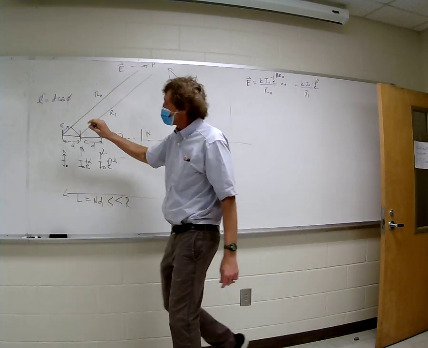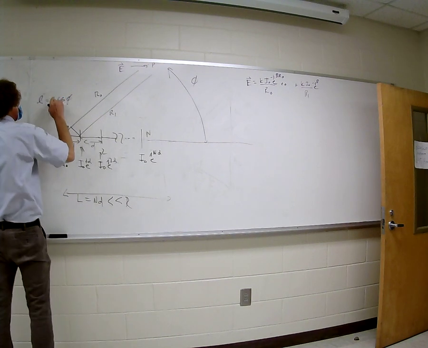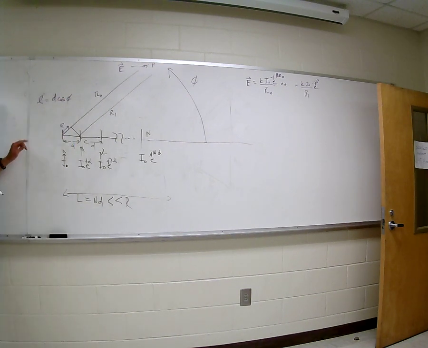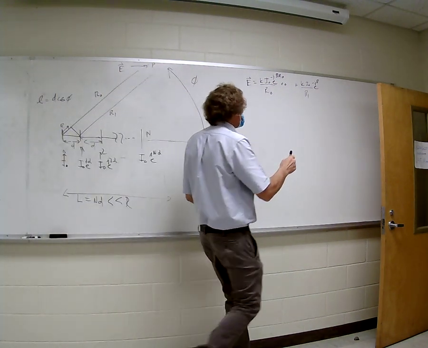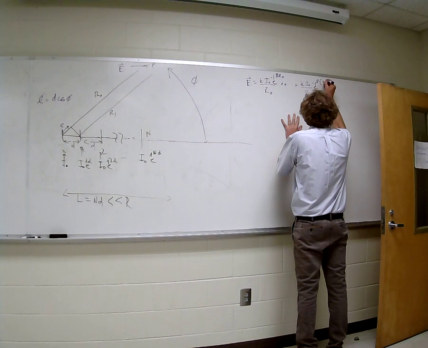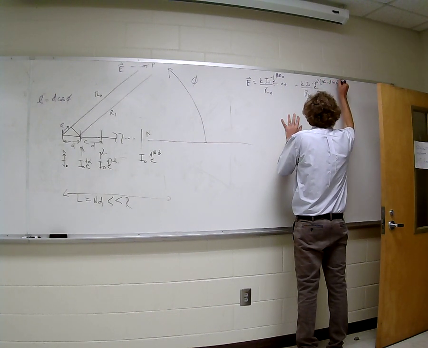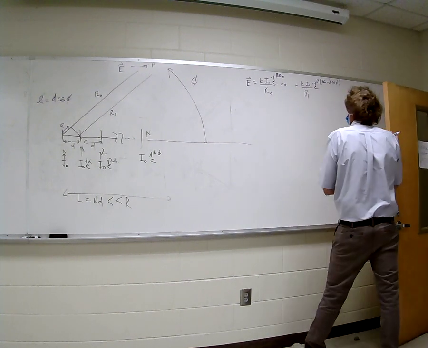This distance L is just d cosine theta. You with me? So it's going to be this times e to the minus j beta, R naught minus d cosine of phi, actually, not theta.